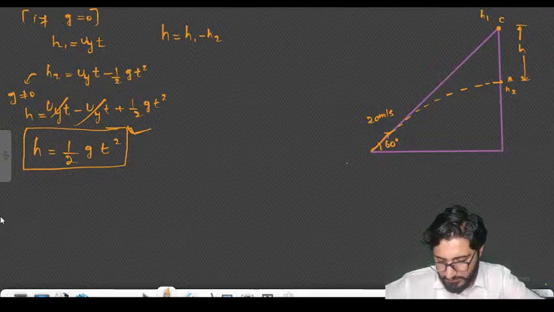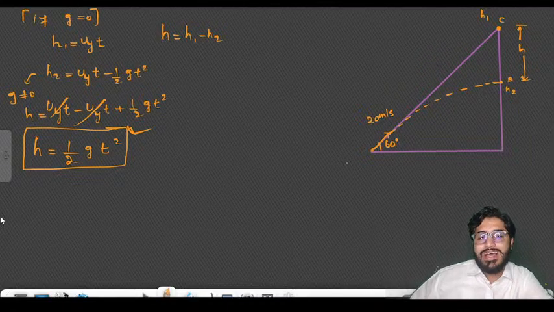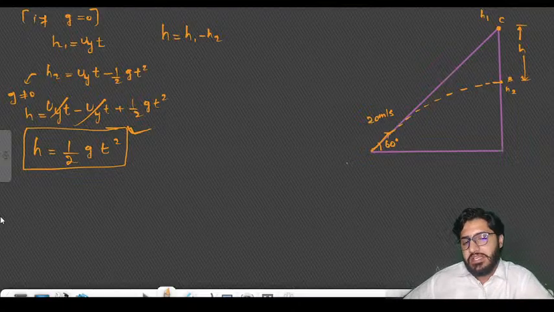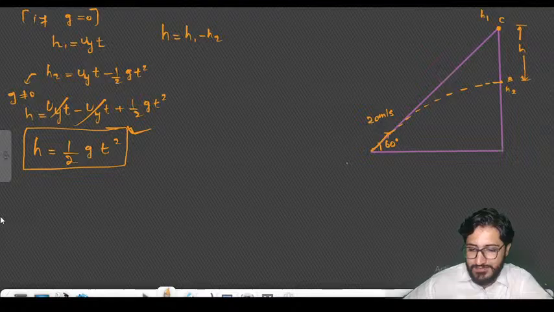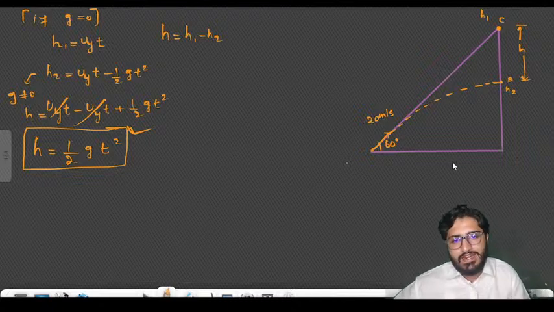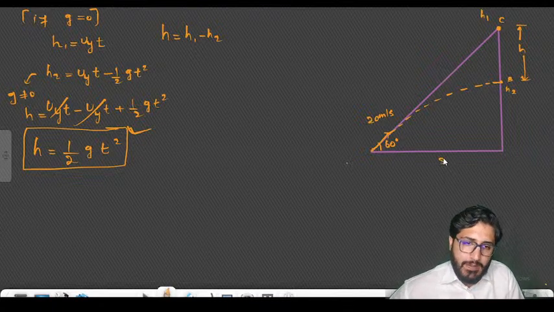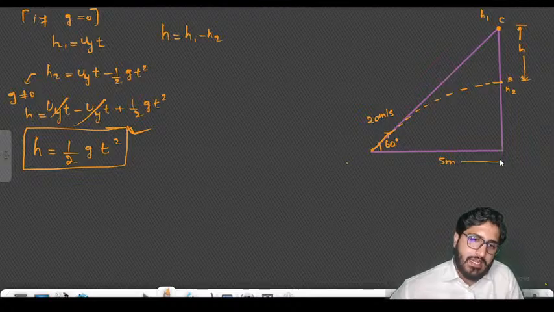Done. This is how you can find out the height difference between the target and the missing point. If let us suppose this is 5 meter, just get my h.